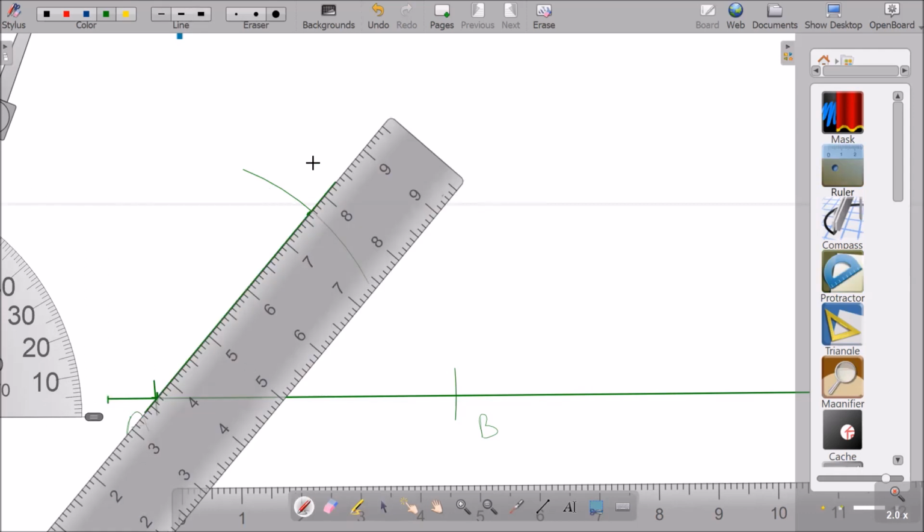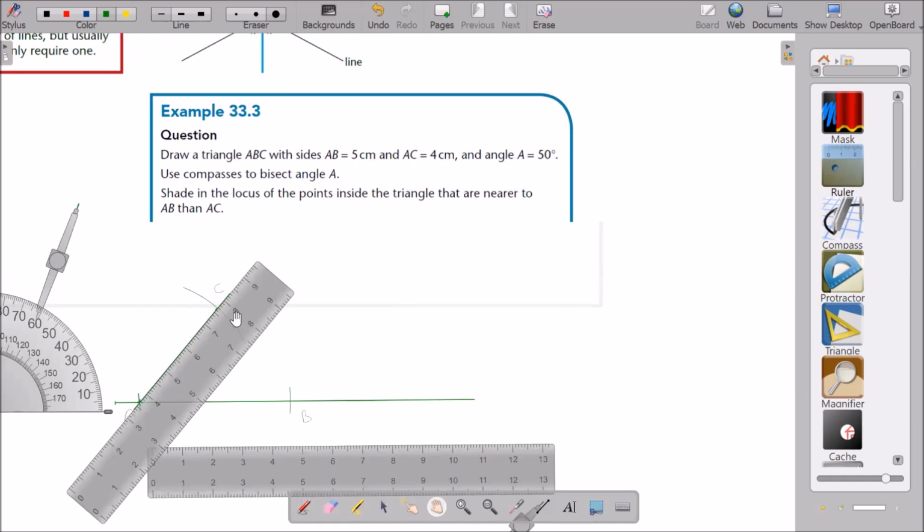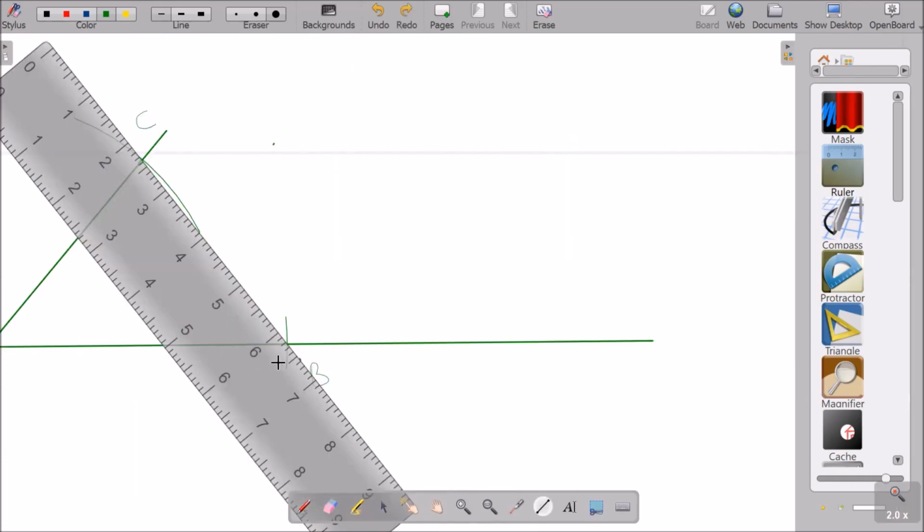So there is our point C intersecting with this line, the 50-degree line, the AC. So there is our C, intersecting with the 4 centimeters curve and the 50-degree angle at A. We join B to C.